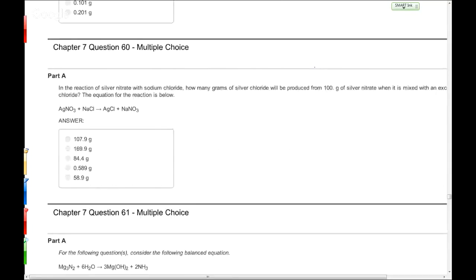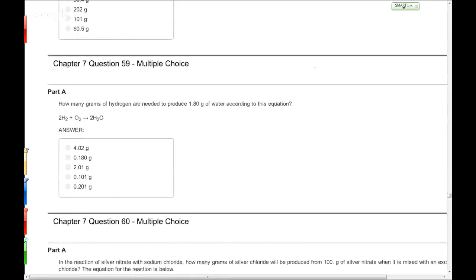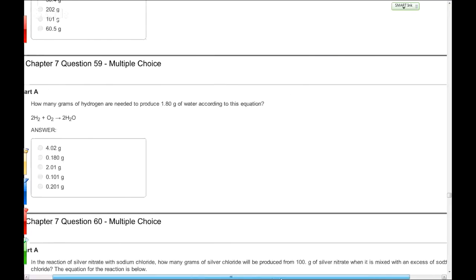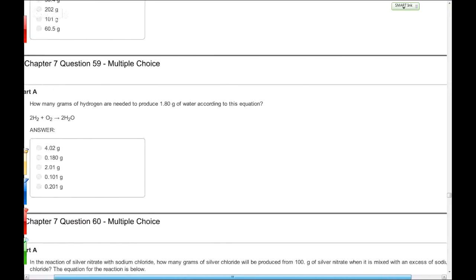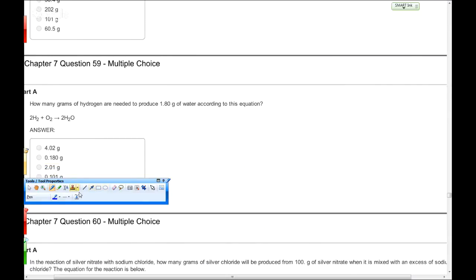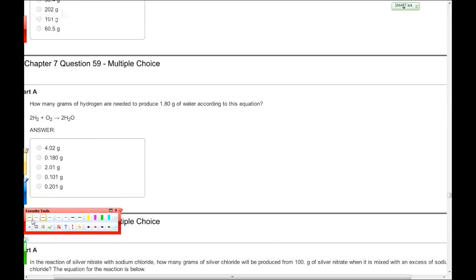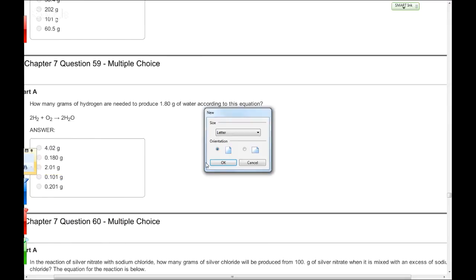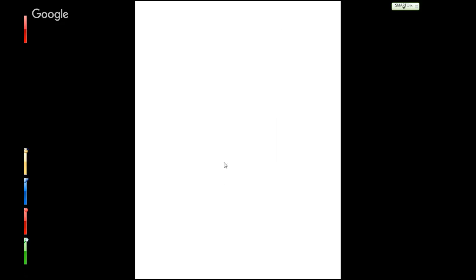What if we get into the grams now? Let's see. I want to do this one where we have to actually find the... Let's just start on the page. I'll just write it.